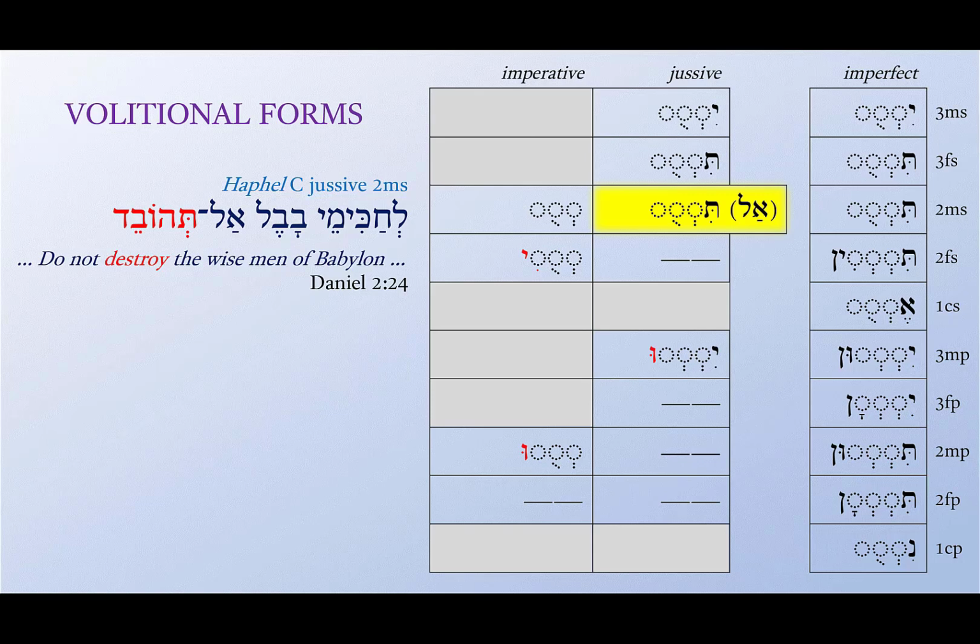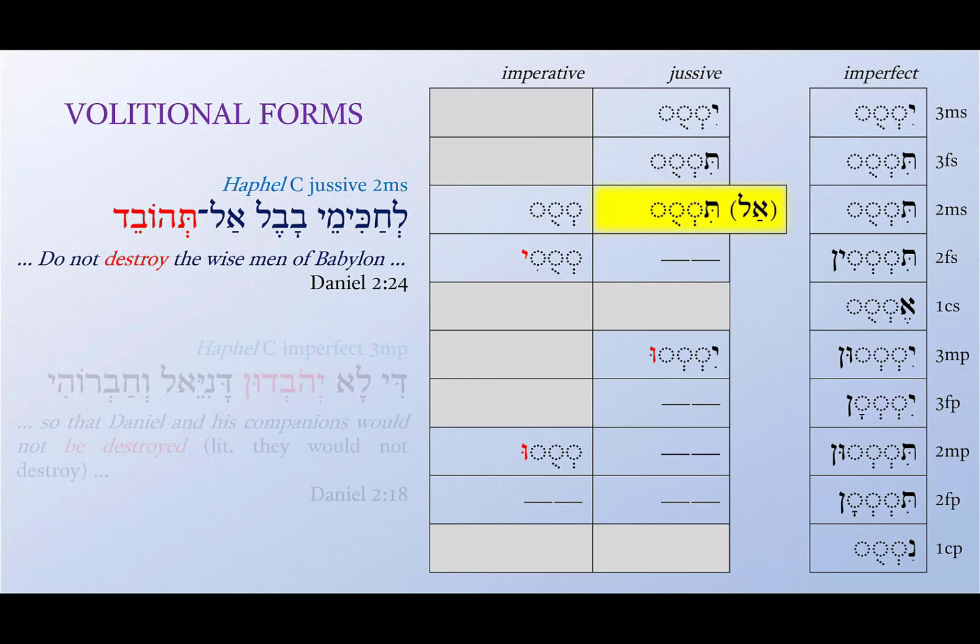The hafel, you see that there's that hey prefix, and then the tav in the front, which is just like in the imperfect second masculine singular, it's the prefix. So both the imperfect second masculine singular and the jussive second masculine singular have the same form, but what's different is if you have that al, that negation particle before it, we know we're looking at a jussive.